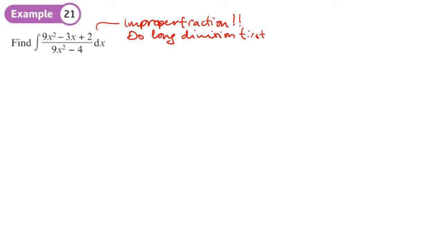So let's do that over here. We've got 9x squared minus 3x plus 2, and we're dividing that by 9x squared minus 4.